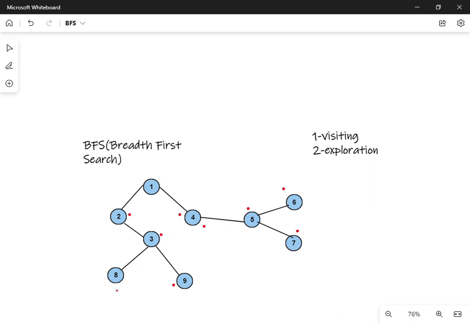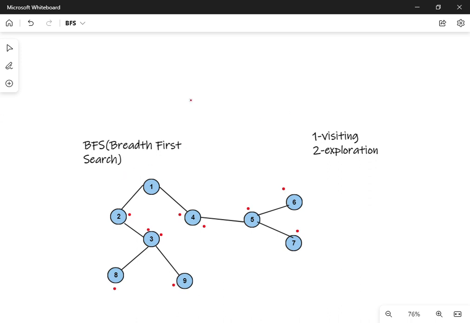If we select 8 as our first vertex or selected vertex, we have to visit only 3 because there is only one adjacent vertex of 8, which is 3. So this term is known as exploration.